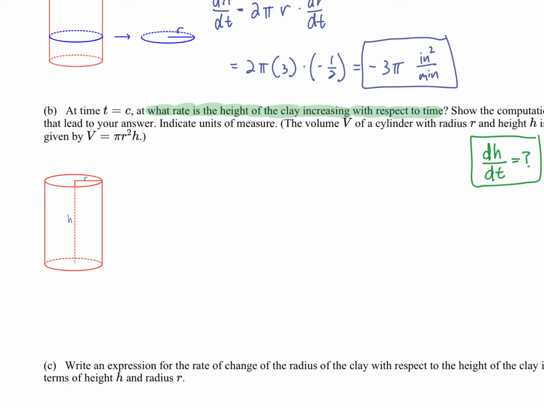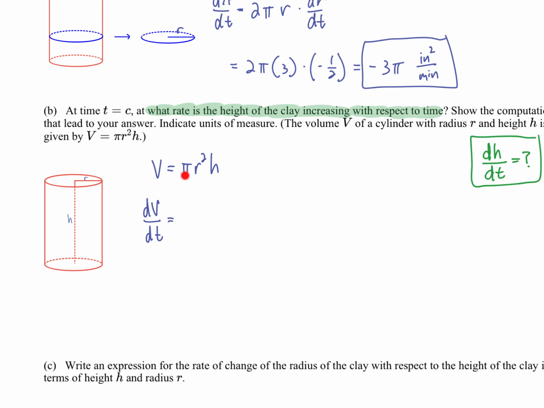Okay, so let's use our formula for volume that we'll take the derivative of. So volume is pi r squared h. Now, volume's not changing, right? They tell us in the problem that the volume is constant, but let's just take the derivative and worry about all that later. So the derivative of V is dV/dt. And then we'll do the product rule.